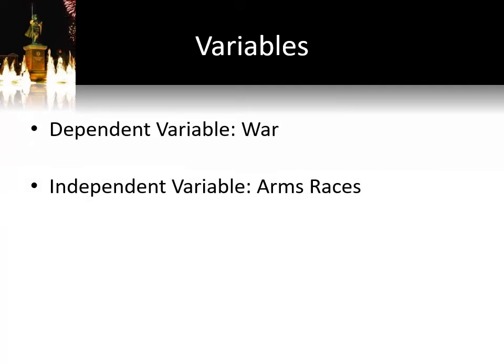Now, variables. The other thing this does that is a good exemplar of social science is that it focuses on the role of variables. We have something we're trying to explain, whether or not war occurs. That's the dependent variable. In this article, we're looking at whether or not arms races lead to war, and so arms races are the independent variable.